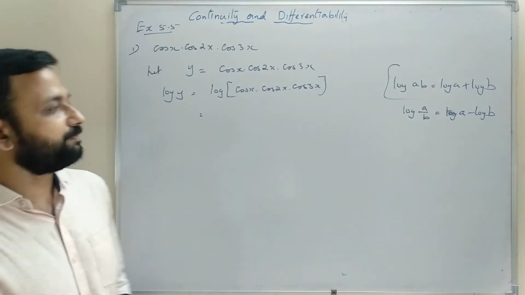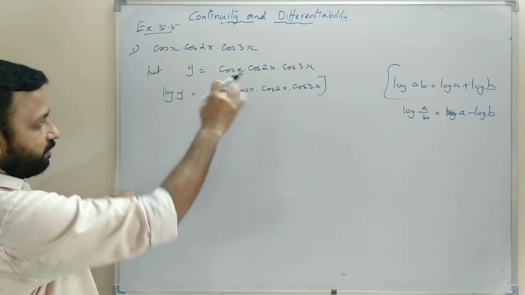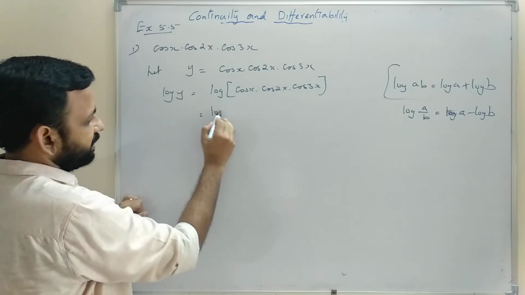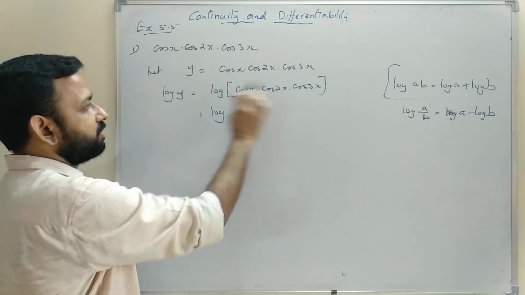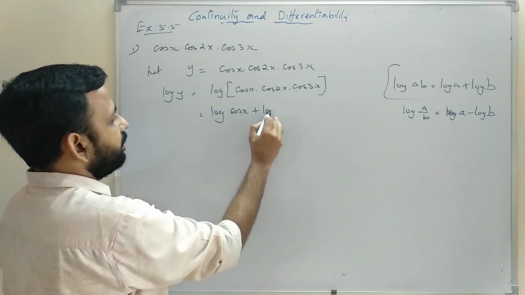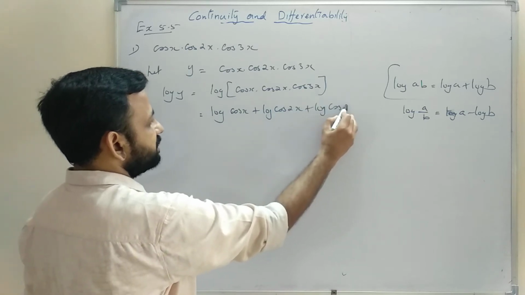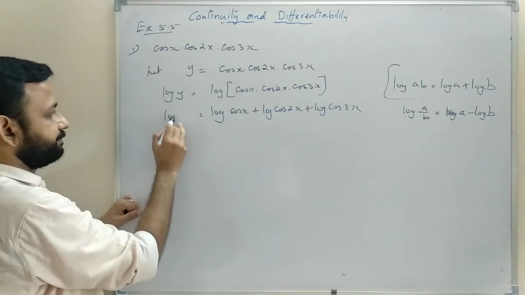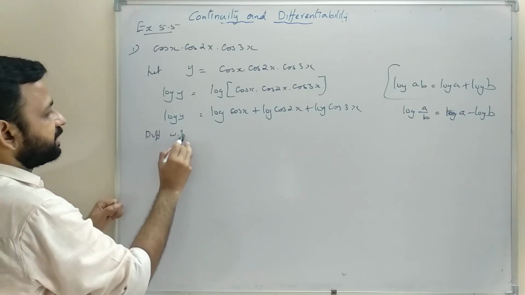First one we will use, log AB equal to log A plus log B. So by using that formula, we can write log ABC as log A plus log B plus log C. That is log cos x plus log cos 2x plus log cos 3x. That is log y. Now we can differentiate with respect to x.